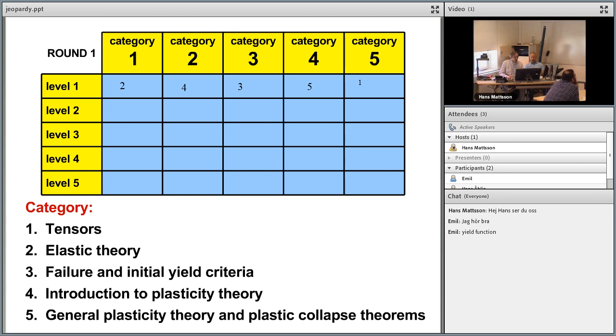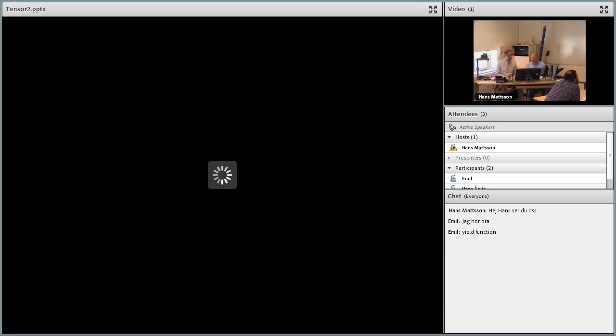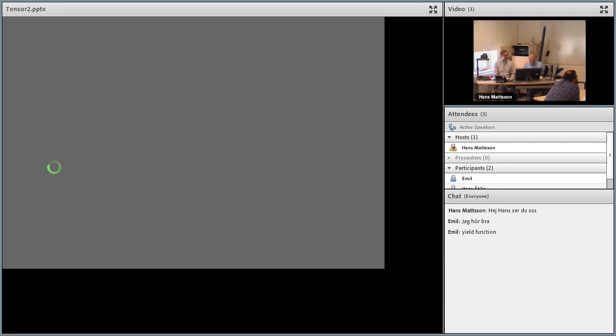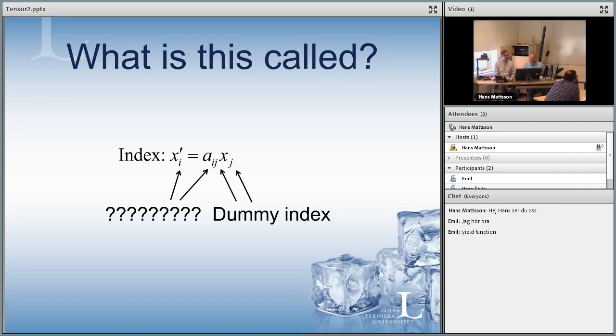Tensors. Okay, here comes the question. What is this called? Your answer is? Correct answer is free index, and we got it from group number 1.